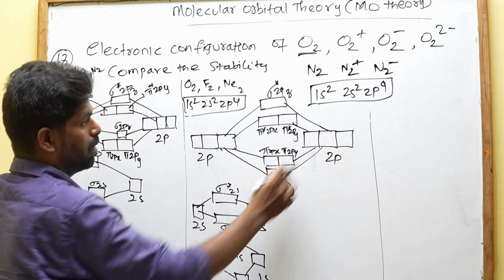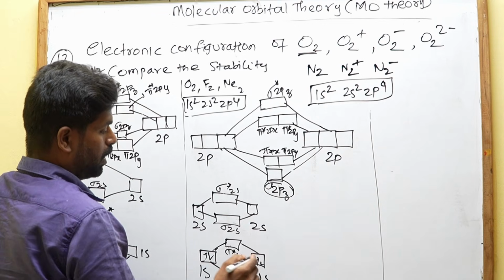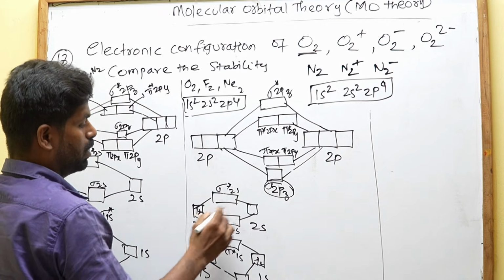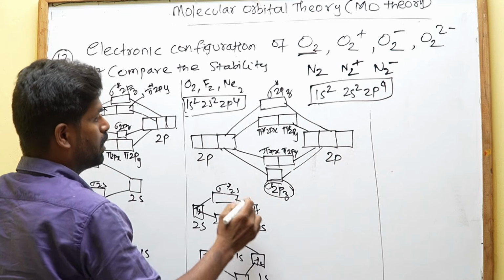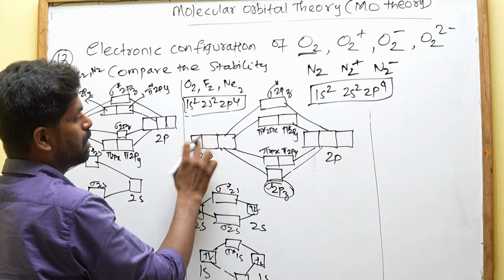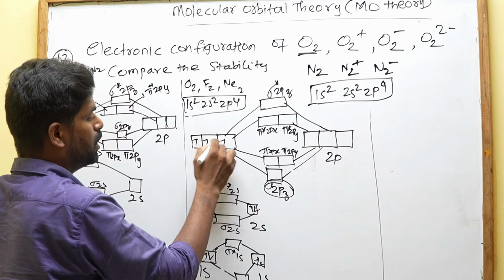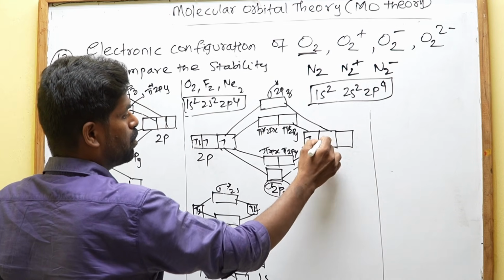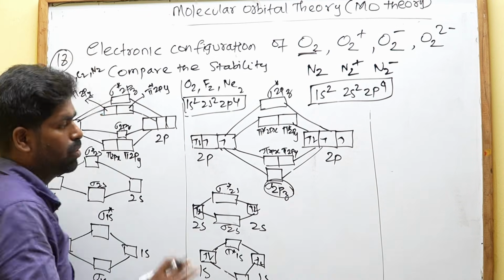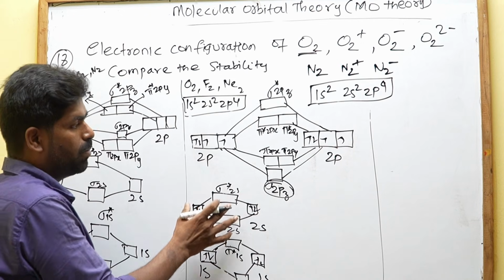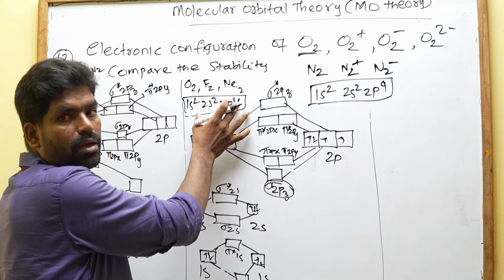1s2, 2 electrons, 1s2, 2 electrons, again 2s2, 2 electrons, 2s2, 2 electrons. Next fill the 4 electrons in these 3 orbitals, 2px, 2py, 2pz: 1, 2, 3 and 4. Similarly 1, 2, 3 and 4. So all the atomic orbitals are filled according to the given electronic configuration.